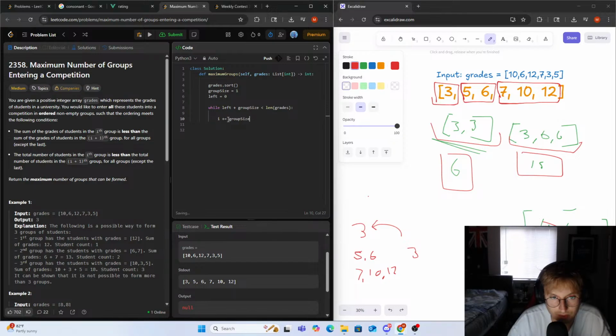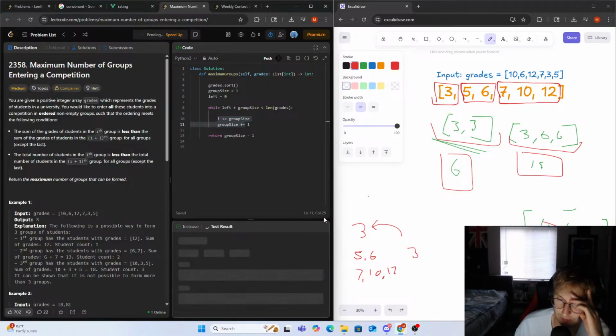I plus equal to group size. Plus or equal to 1. Then group size minus 1, because we're already 1 ahead.